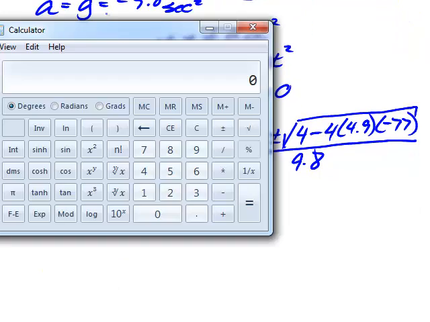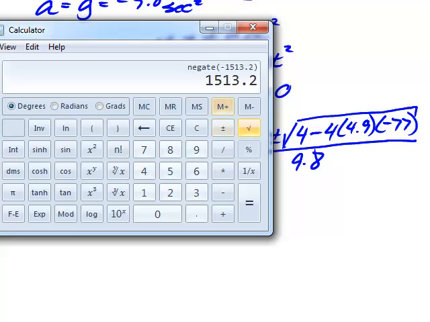First I'm going to calculate what's in the radical here. We have 4 times 4.9 times negative 77 gives us negative 1500 or so. We are subtracting that from 4. That gives us 1513.